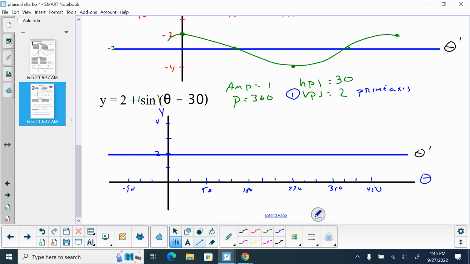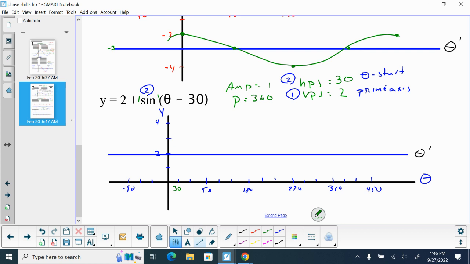The second thing you look at is your horizontal phase shift and your trig function. The horizontal phase shift is your theta start value. So it tells me I'm going to start at 30 degrees. My trig function will tell us: do I start at peaks and valleys, or do I start on the prime axis?